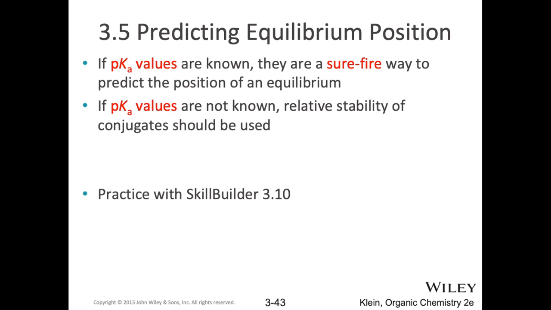Keep in mind that with pKa values, you're dealing with a logarithmic scale. So it's usually 10 to the power of whatever difference we have in pKa's. That tells us the position of the equilibrium. If we don't have pKa's, then we can use REO to determine which of our acids, or conjugate bases as the case might be, is more stable, and therefore which side of the equilibrium is favored.